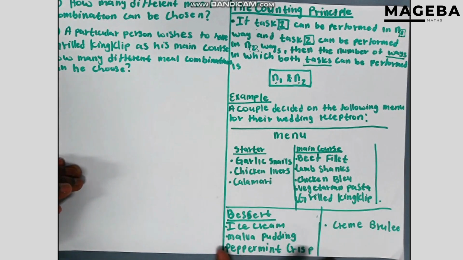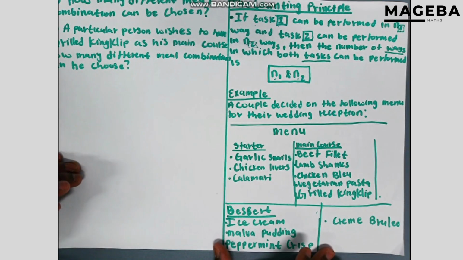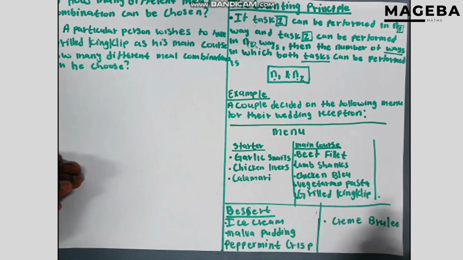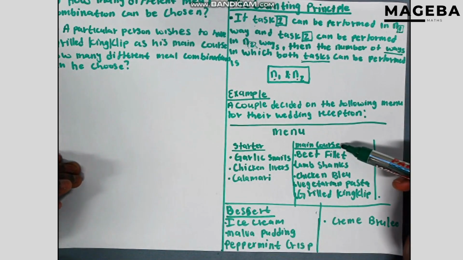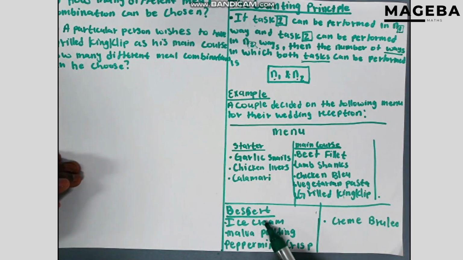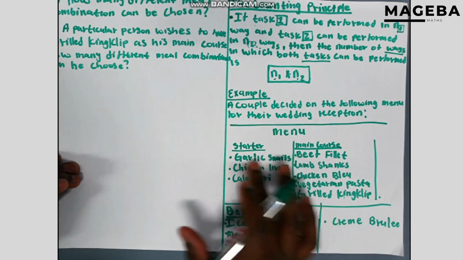On the starter, they have 3 choices. On the main course, they have 5 choices. And on the desserts, they have 4 choices.